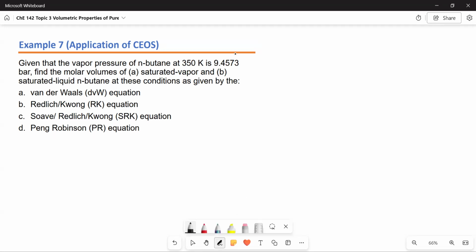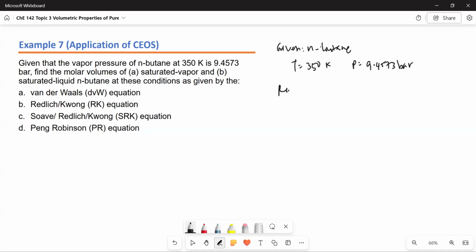Okay, let's write the given. N-butane, the temperature is 350 Kelvin, and the pressure is, oops, not 10 bars, 9.4573 bars. Okay.